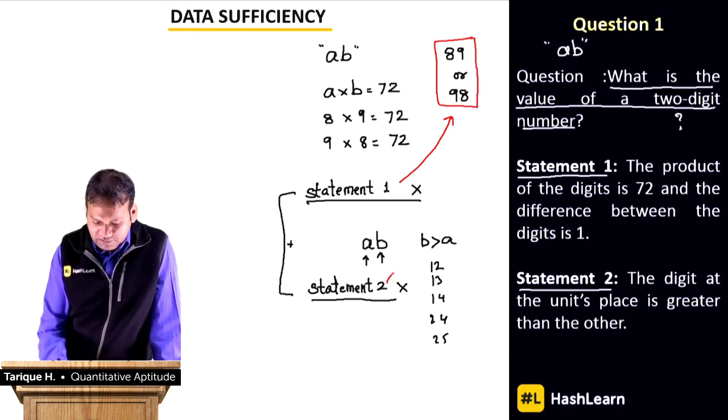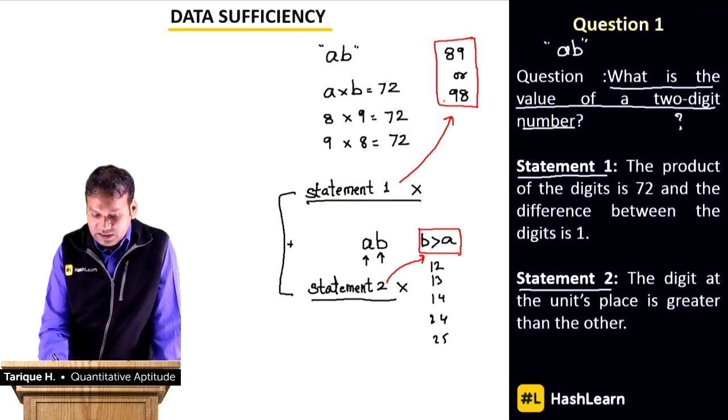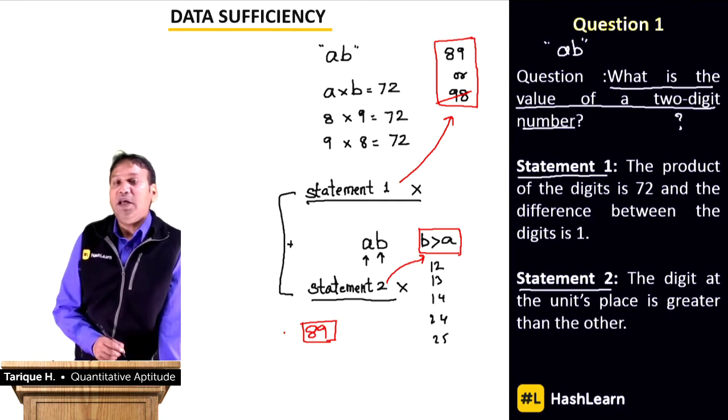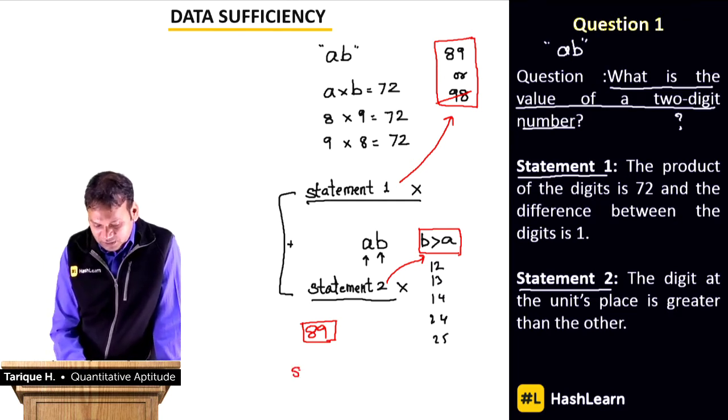And from the second statement we obtained that the digit in the units place is more than the digit in the tens place. That means we can cancel out 98, and that leaves us with only one answer, which is 89. Therefore we can say that by combining the two statements, the question can be solved. That means the answer for this question would be statements 1 and 2 together.